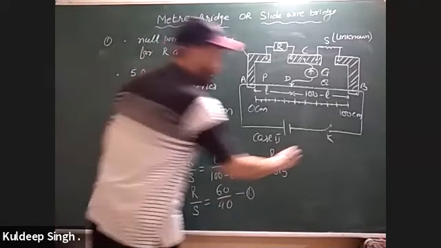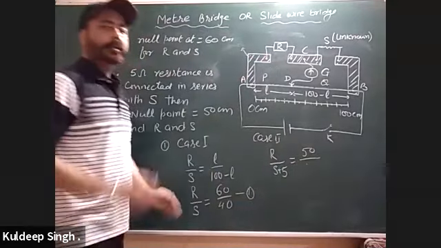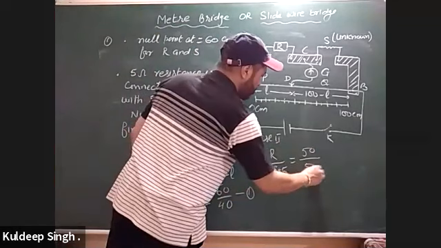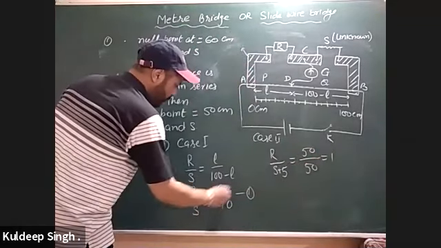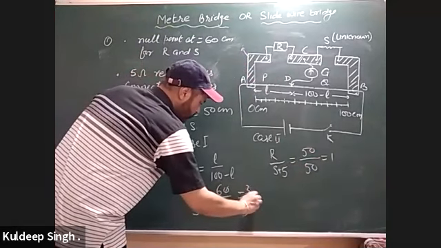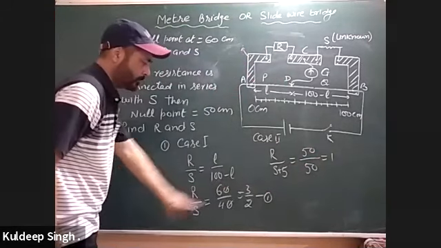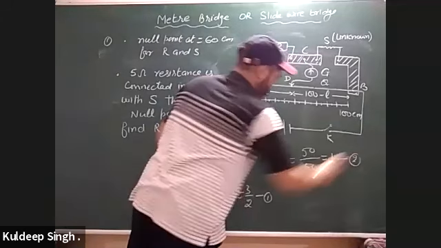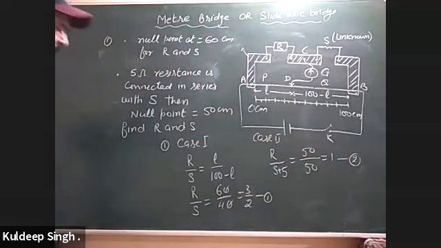So L becomes 50 centimeter, and here in the bottom we will get 100 minus L, that is again 100 minus 50 equal to 50 centimeter. This is 1. So similarly here, if I cancel it, solve it, I will get 3 by 2. So the first equation gives me R by S equal to 3 by 2, and the second equation gives me R by S plus 5 equal to 1.